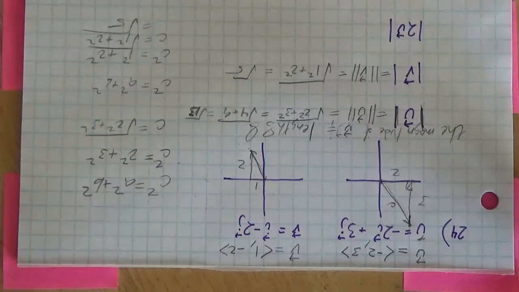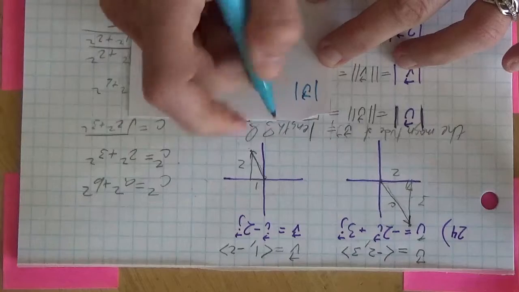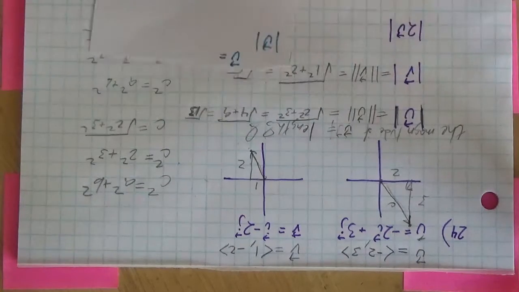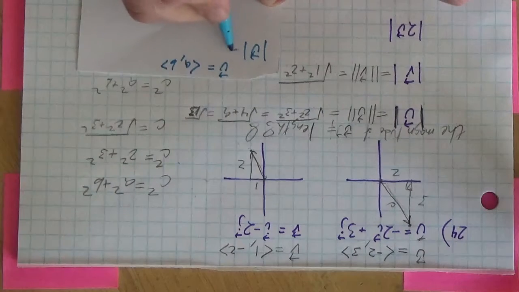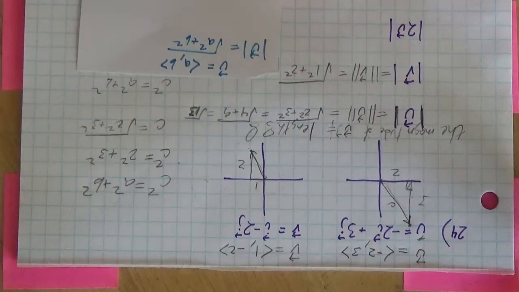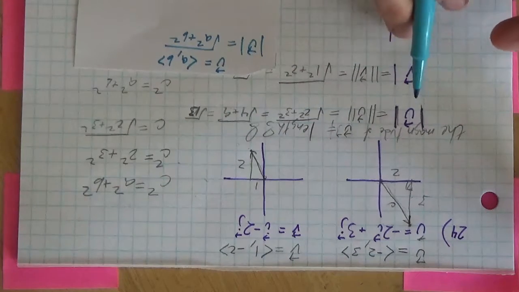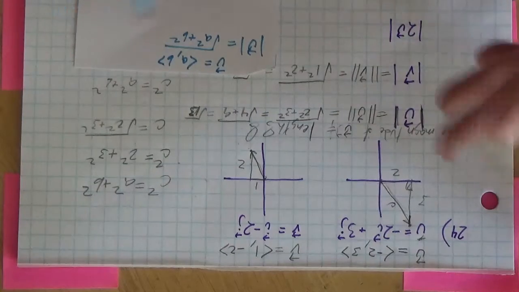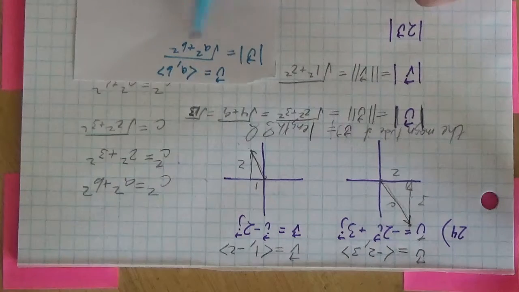And so that's why you'll see the formula in a bunch of books that if u is a, b, then the magnitude of u will be the square root of a squared plus b squared. And this is just coming from Pythagorean theorem. If you forget what that means, draw your vector out and do a little Pythagorean theorem. We're going to be okay. We don't need to memorize this formula.